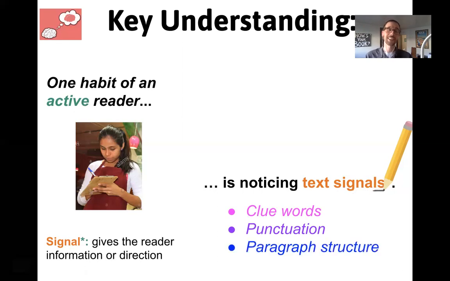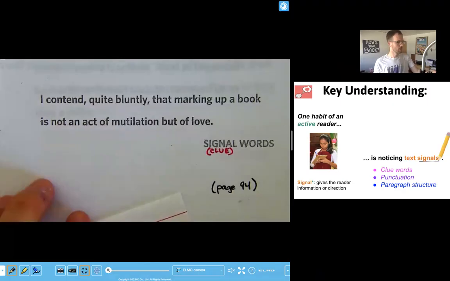And the third is even larger, it's paragraph structure. And this is words or phrases, or even punctuation or a combination, they give you a larger sense of how a paragraph is organized. And we're going to look at some examples that really make that clear. So let's go ahead and let's take a quick look at the three examples that we just discussed.